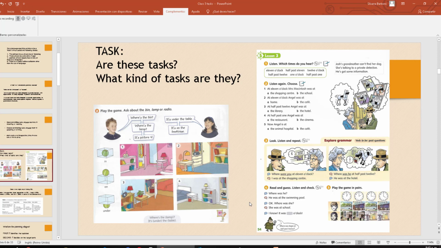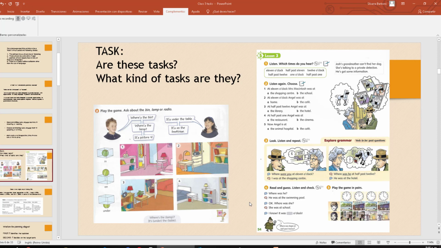Now notice that in this particular task, students are using speaking only. They are looking at a picture and they are using language orally. So in the distinction between focused and unfocused, this would be an example of a focused task, because the kind of language that we expect students to produce is very clear.